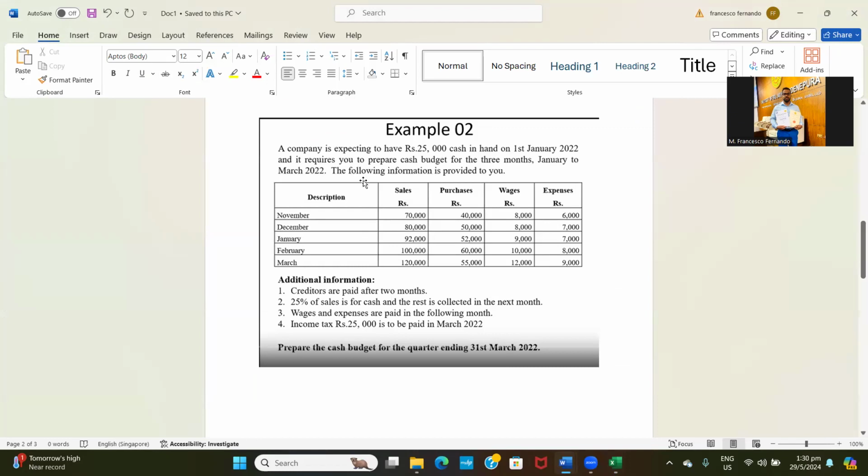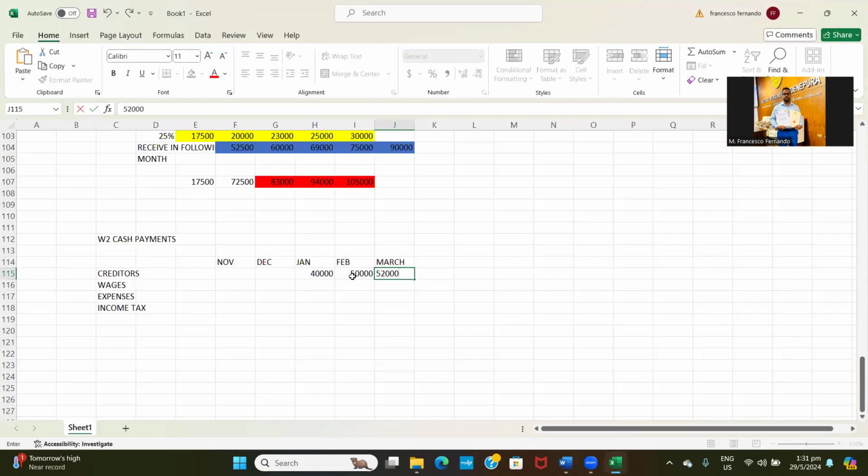Wages and expenses are paid in the following month. So this 8,000 and 6,000 are paid in December. This 8,000 and 7,000 of December is paid in January. So 8,000 and 7,000.